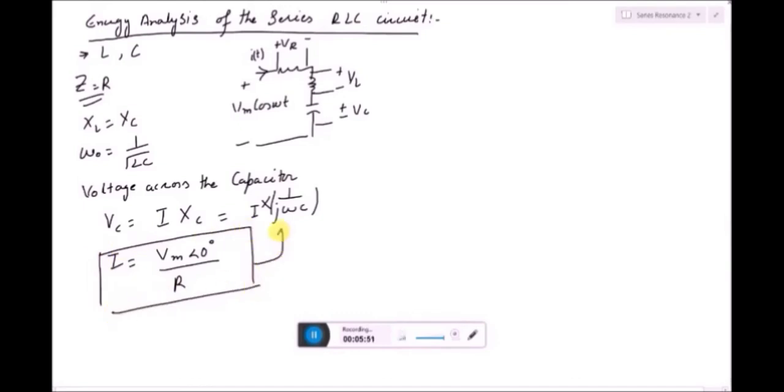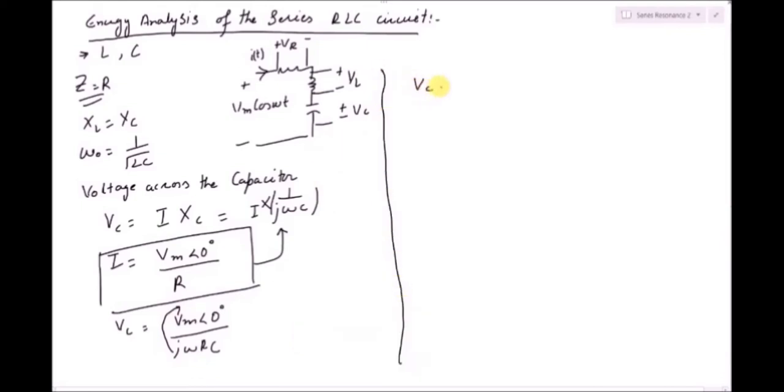If I put this current value in this equation, VC will be Vm angle 0 over j omega RC. Then if I take this j to the numerator, the voltage across the capacitor will become Vm angle minus 90 degrees over omega RC.